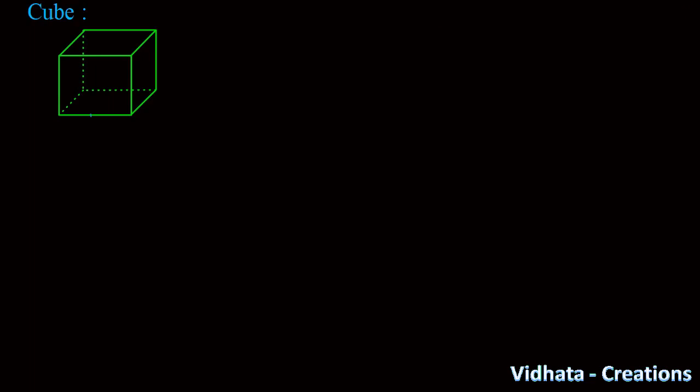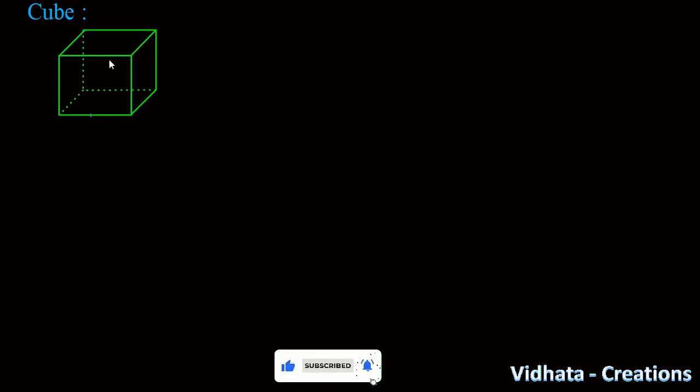If you look at this figure, what type of figure is it? First of all, let us introduce this figure, called a cube. Our first three-dimensional geometrical figure is a cube.